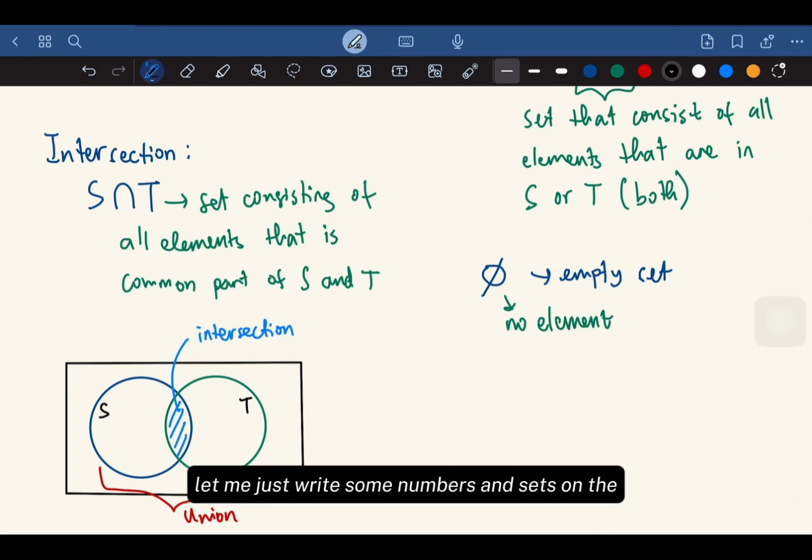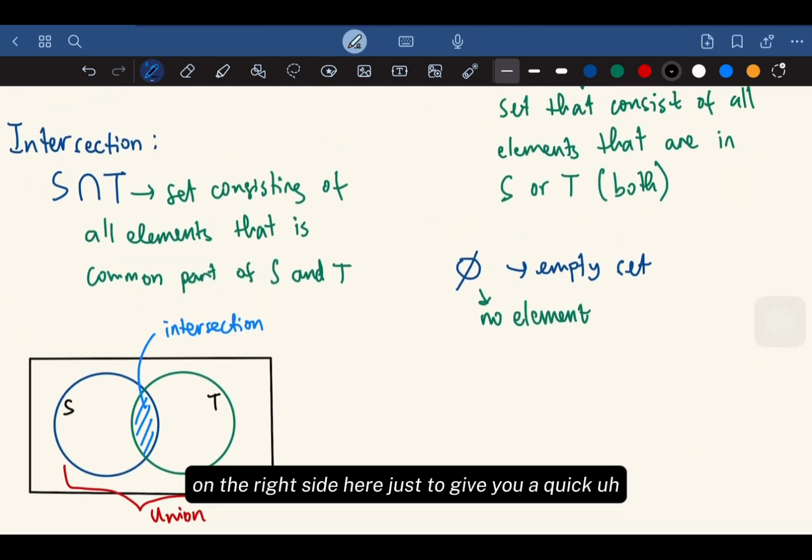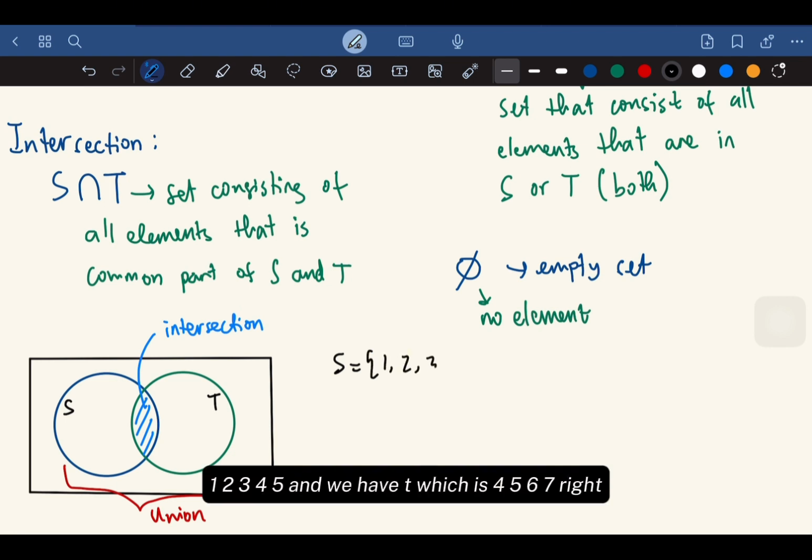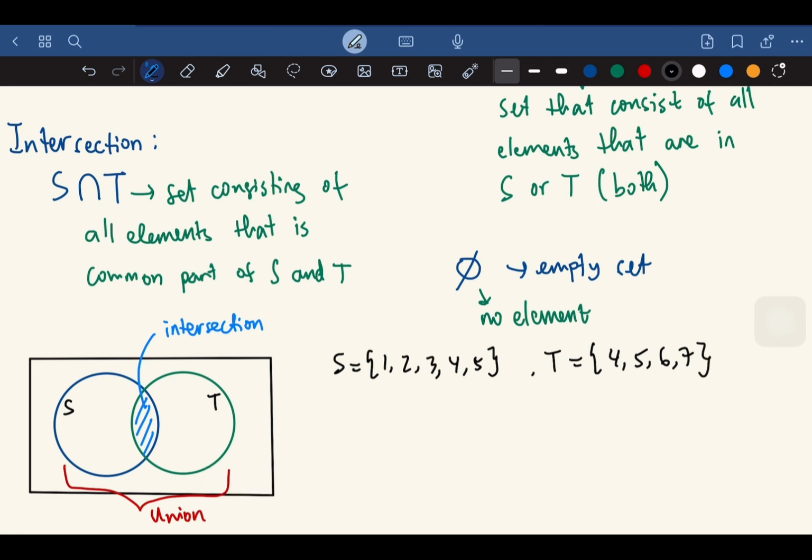Let me just write some numbers and sets on the right side here, just to give you a quick example of how we use this. So S is 1, 2, 3, 4, 5, and we have T, which is 4, 5, 6, 7, right?